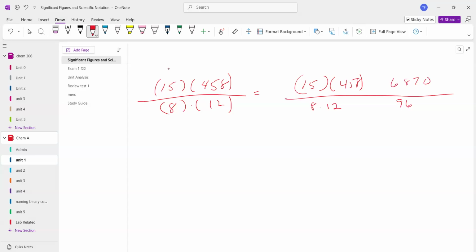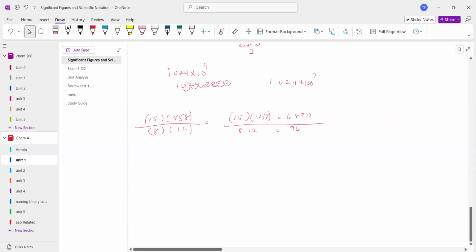So then people will then divide 6870 by 96 to get their answer. That is one way to do it. And we've got two sig figs, so the answer is 72.